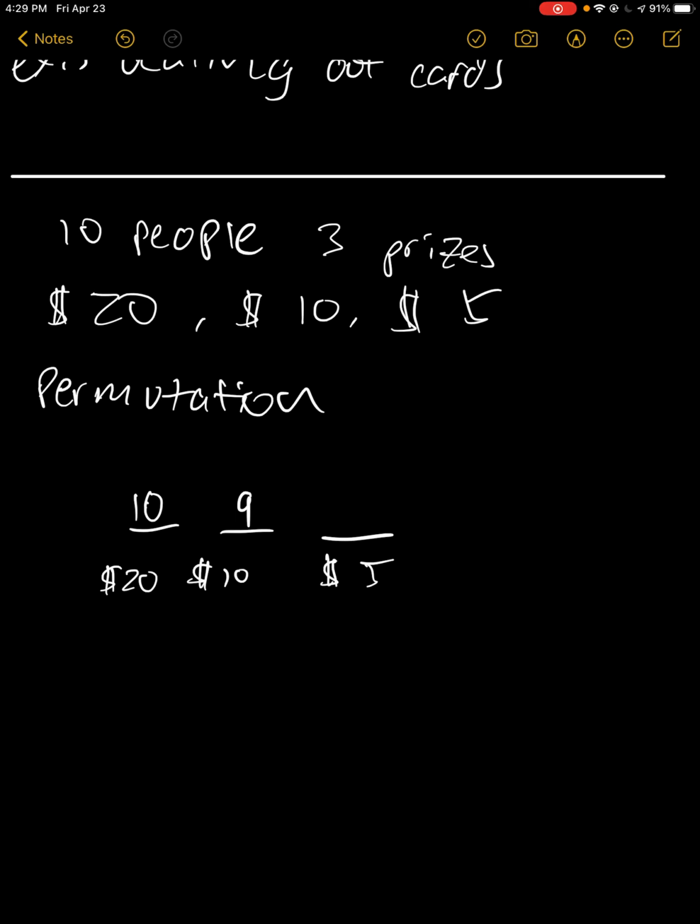The same goes for the third prize, because once the first 2 prizes have been awarded, only 8 people are left. When we multiply this out, we get 10 times 9 times 8, which gives us 720 permutations of this example.